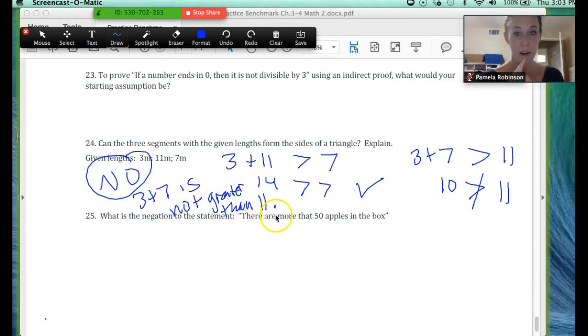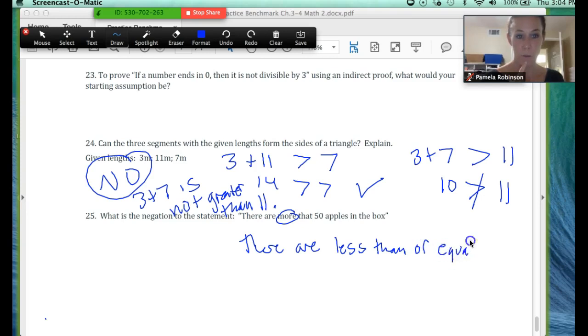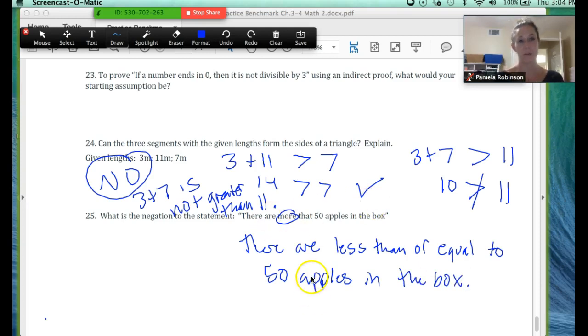So instead of saying there are more than 50 apples in this box, you would say there are less than or equal to 50 apples in the box. And that negates that statement. And that's what you would assume temporarily. There are less than or equal to 50 apples in the box.